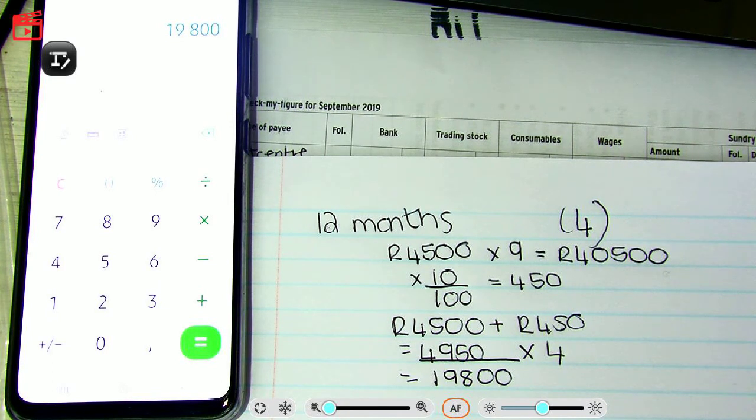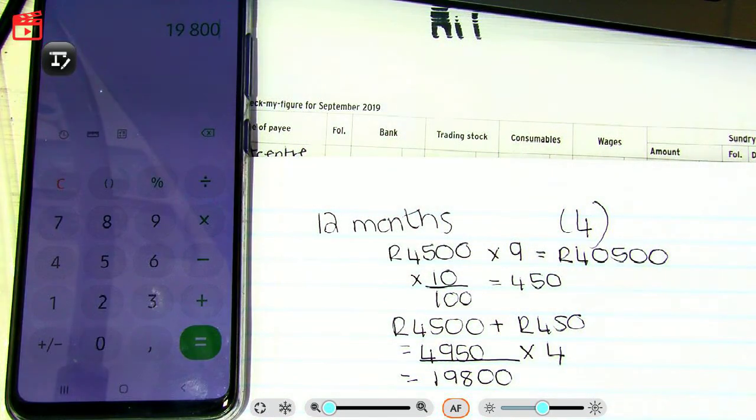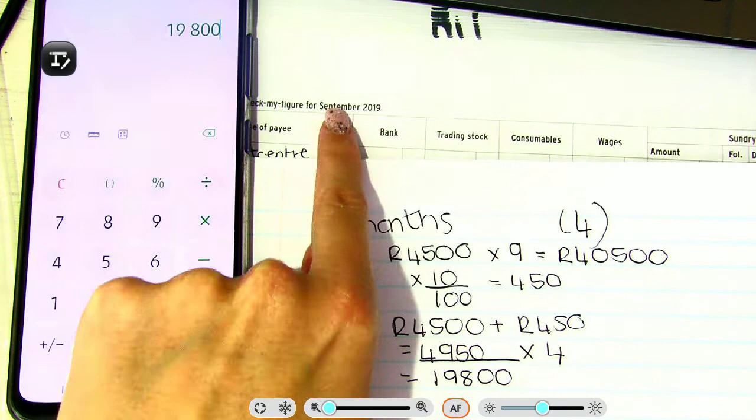Okay, so we must remember now that we are working in the month of September. So they only want us to do September's rent because we're only paying for September. Okay, because we are working in September over here.